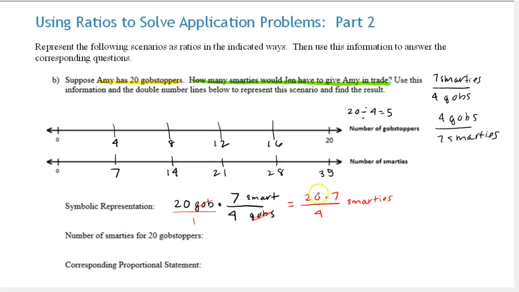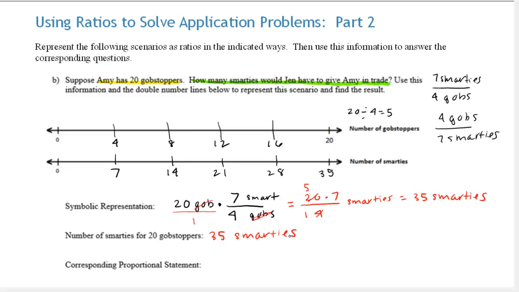Okay, I'm going to do this division and simplify. Okay, and notice there's our 5 times 7. We divided 20 by 4, we get 5. Then we multiply by 7 to get a total of 35 Smarties. Okay, and we just wrote this, but we'll write it again. The number of Smarties for 20 Gobstoppers is 35 Smarties.